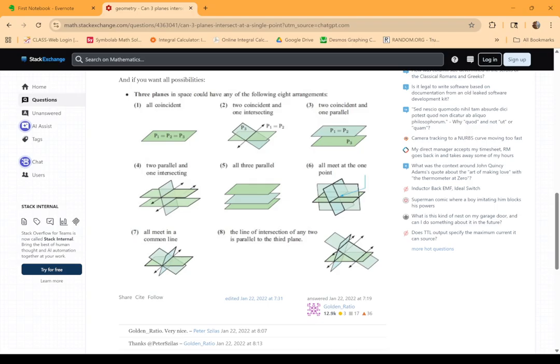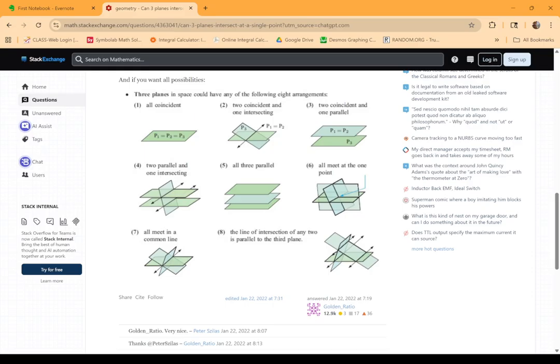Sometimes they can all look like different equations but actually describe the same plane. They intersect across a line, maybe they're parallel. If you look at 2, two of them coincide, but the third one cuts through the other 2. And here, 2 parallels and 1 intersecting, all 3 parallels, etc.